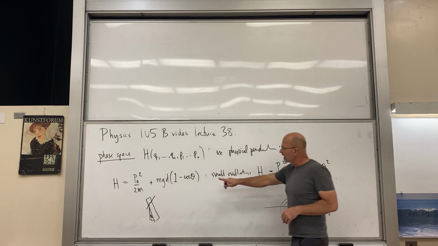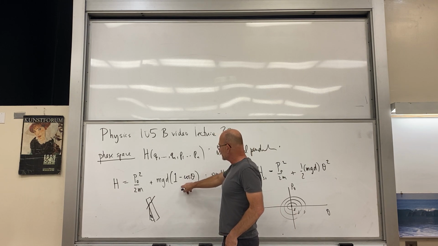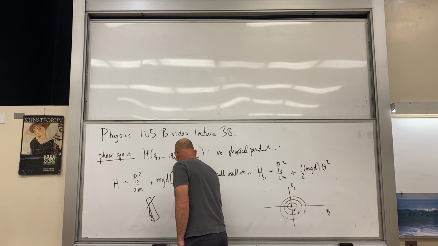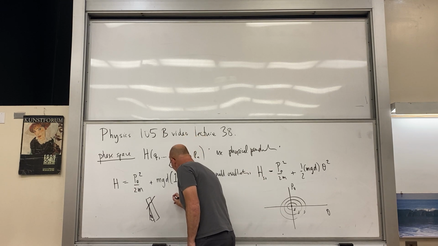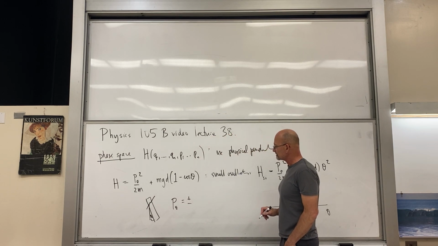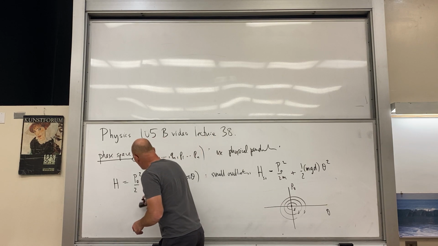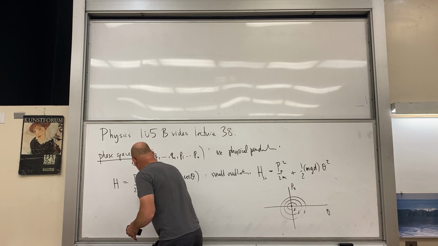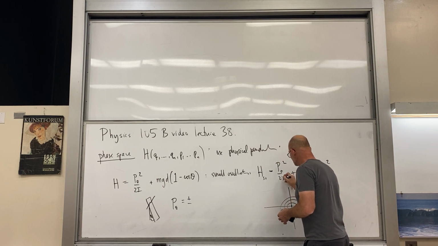Then we had this general expression here. And this general expression, let's go ahead and solve for p sub theta. We can do that here too, but this one we need, so to speak. So p sub theta, we're going to have plus minus, we get a square root there. And this was moment of inertia.